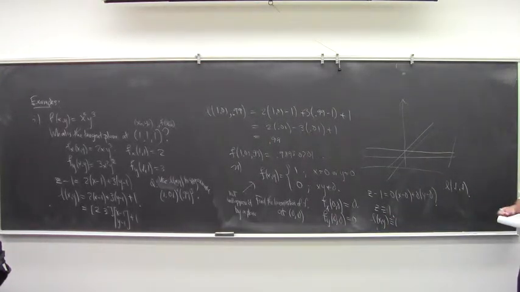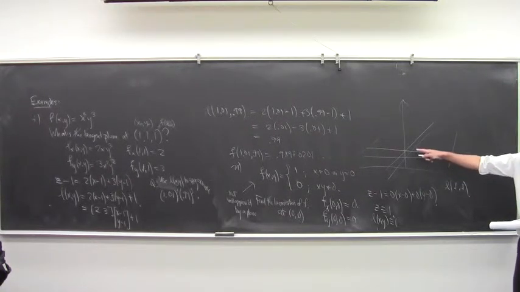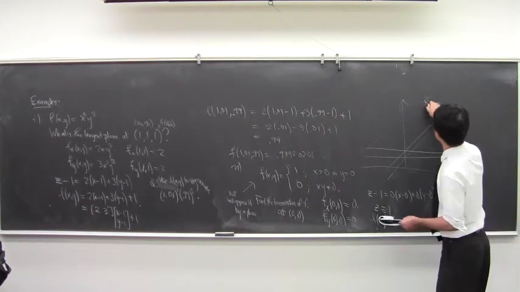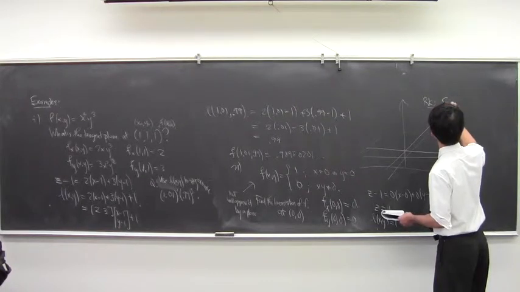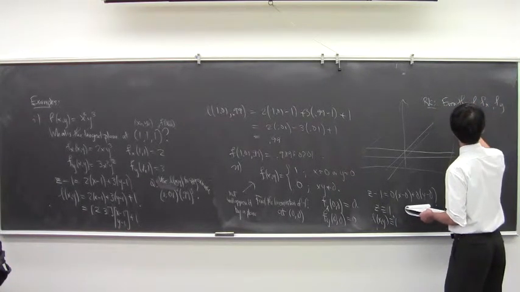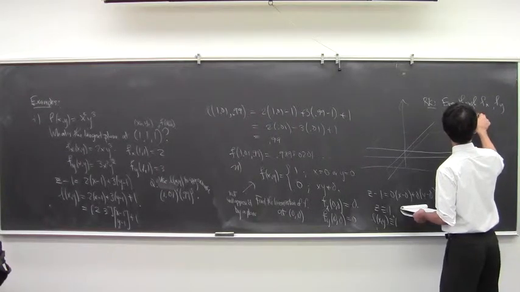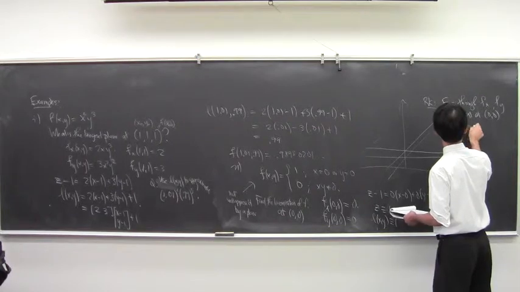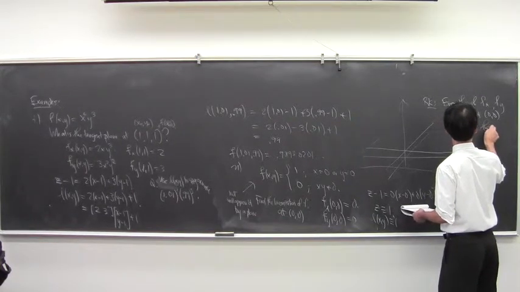And so this sort of shows you one thing about the partials, that even if the partials exist at a point, the function could be discontinuous there. So notice, even though f_x, f_y exist at 0, 0, f is discontinuous there.